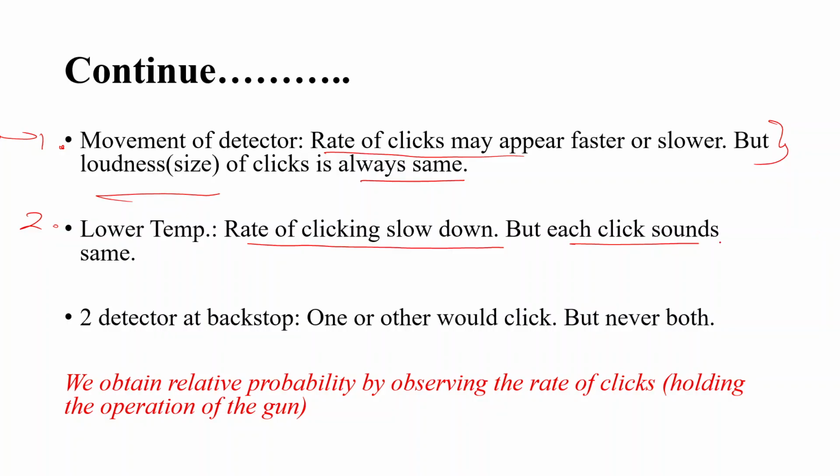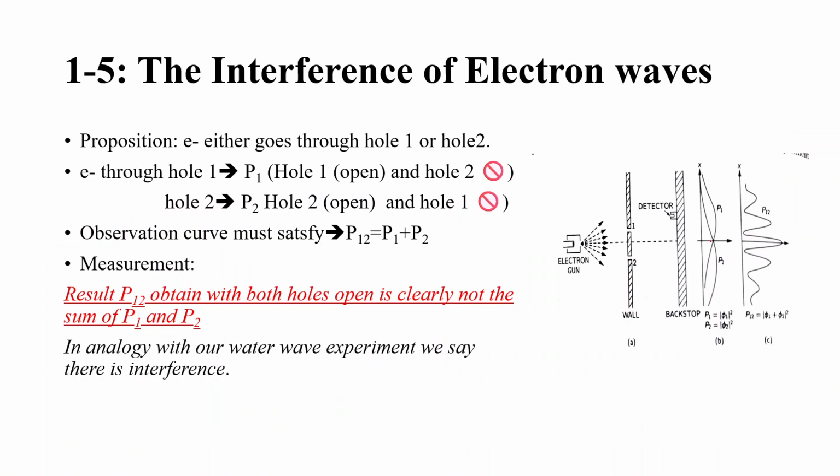So we obtain a relative probability by observing the rate of clicks, by holding the operation of the gun. Now let's understand this result, why we are getting this interference over here. Should we say this is more like a wave?